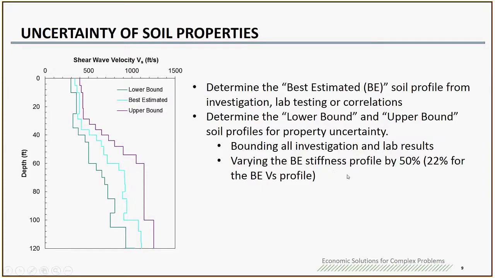We know the stiffness is proportional to the square of Vs, so the variation of the Vs would be 22%. Basically you take the shear wave velocity, reduce it by 22% to get your lower bound, and increase it by 22% to get your upper bound soil profile. All these three soil profiles will be used for the site response analysis.